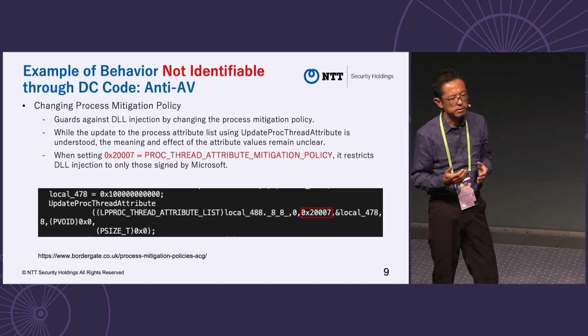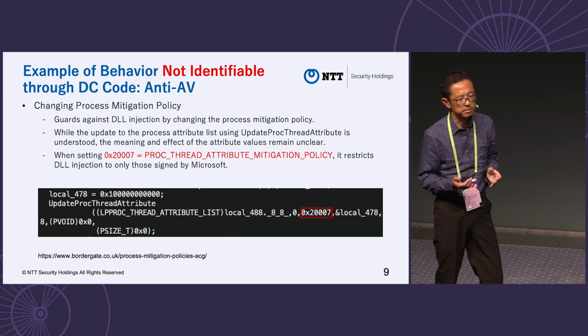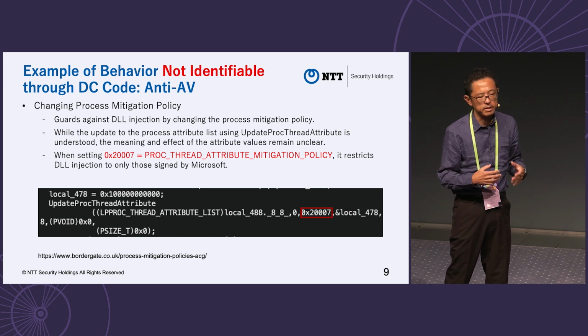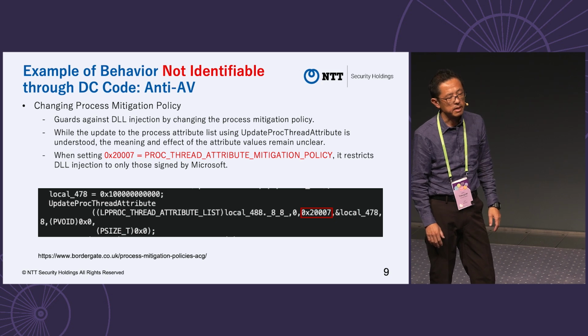While the update to the process attribute list using the UpdateProcThreadAttribute API is understood by GPT-4 in this case, the meaning and the effect of the attribute value remain unclear to GPT-4.